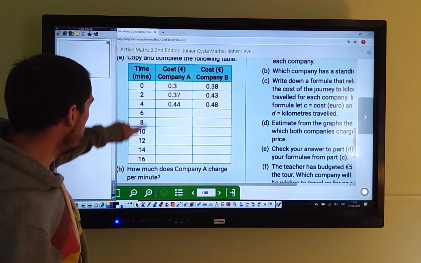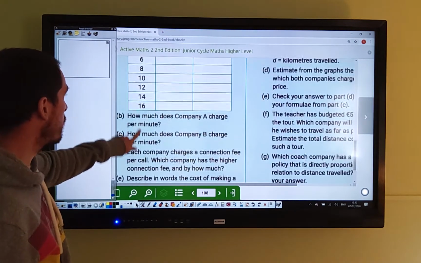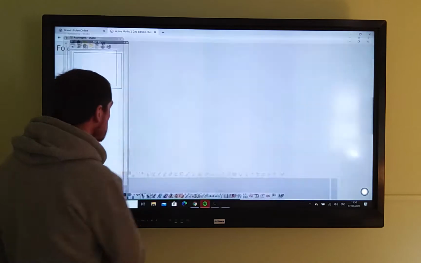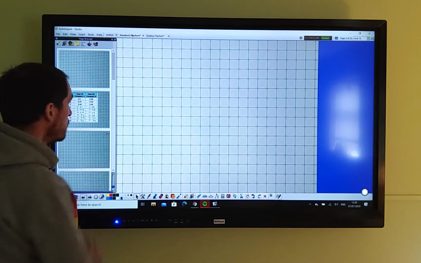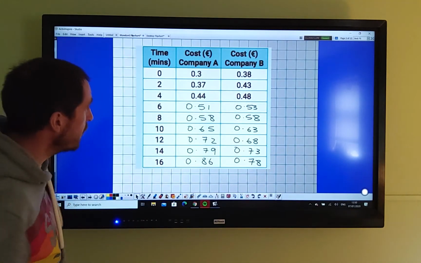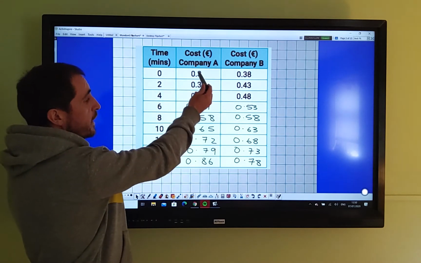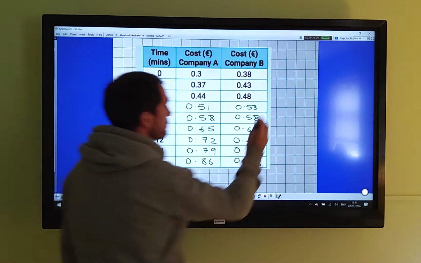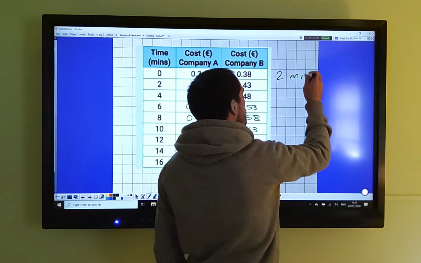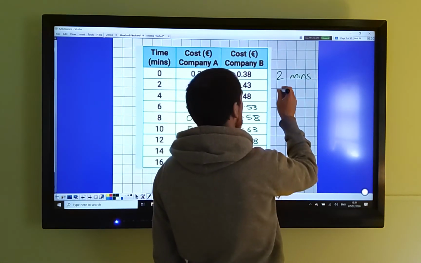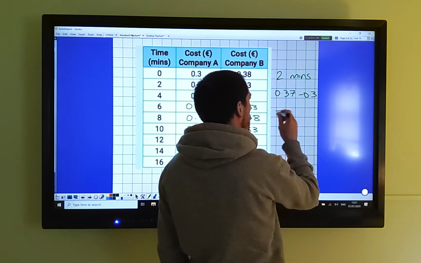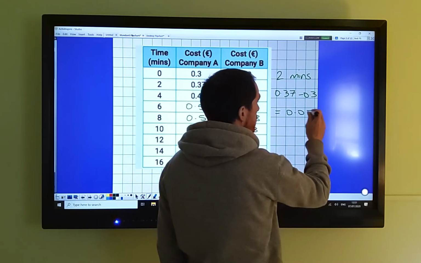And it says here, how much does company A charge per minute? So company A, if we look at our table, we can see here, this is company A. Now, for 2 minutes, it goes from 0.3 to 0.37. So for 2 minutes, it's going to be equal to 0.37 minus 0.3, which is equal to 0.07.